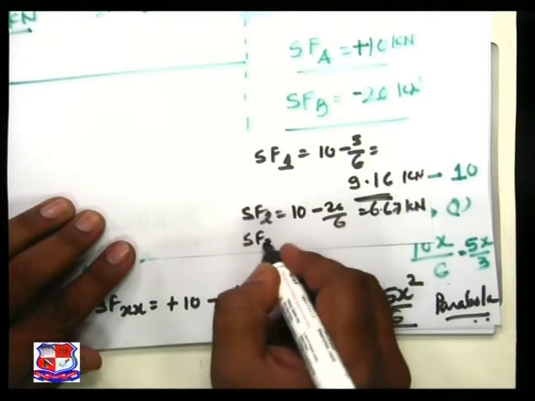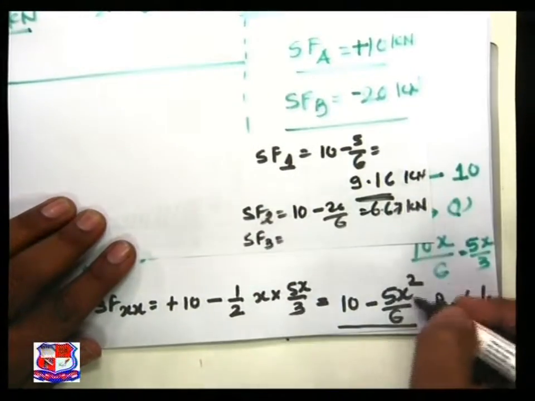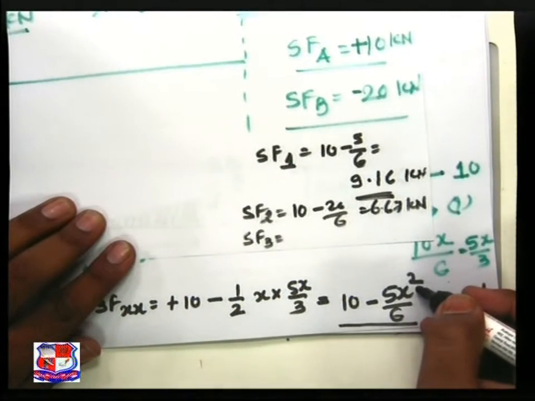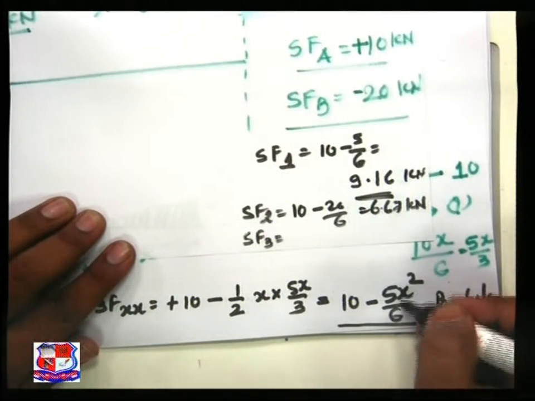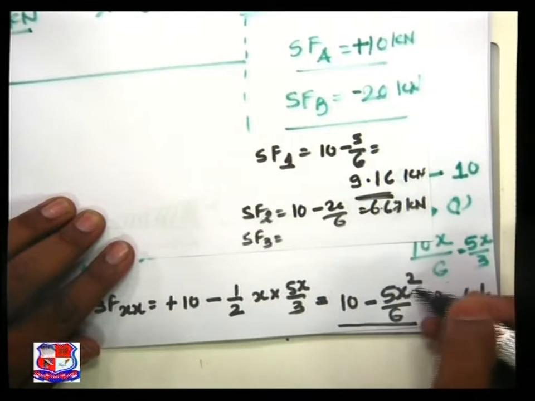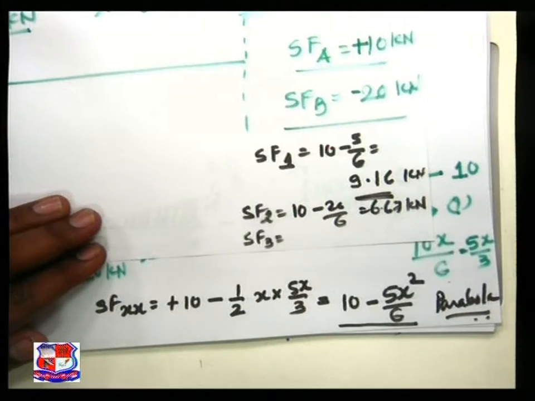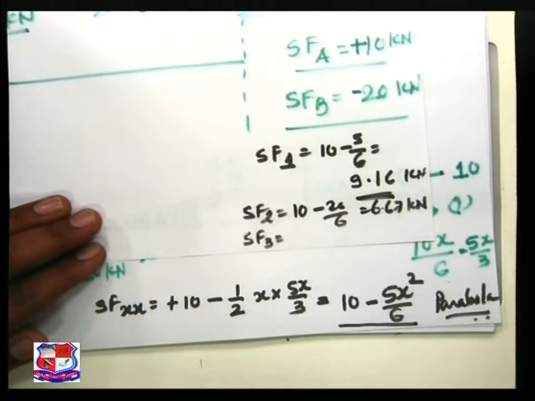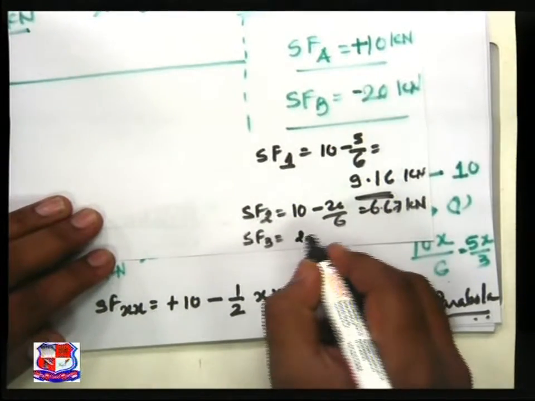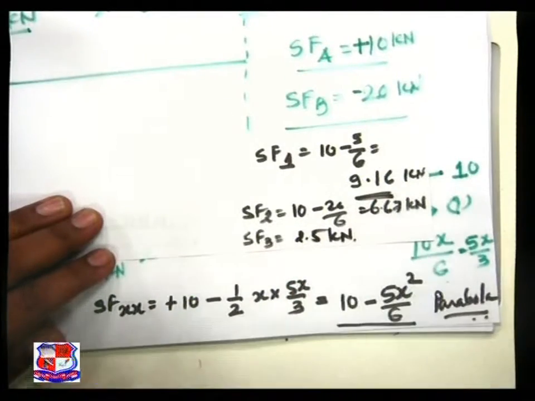Shear force at 3 meter: 3 square 9, 9 into 5 45, 45 by 6. So 10 minus 45 by 6 is 2.5 kilonewton.